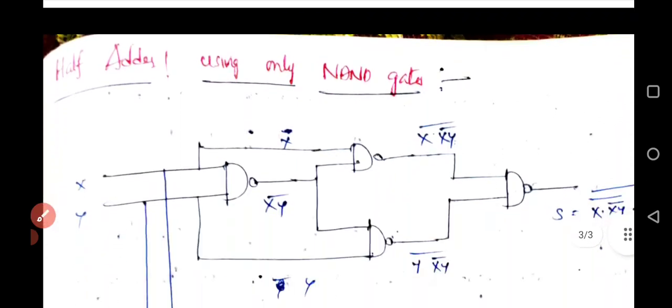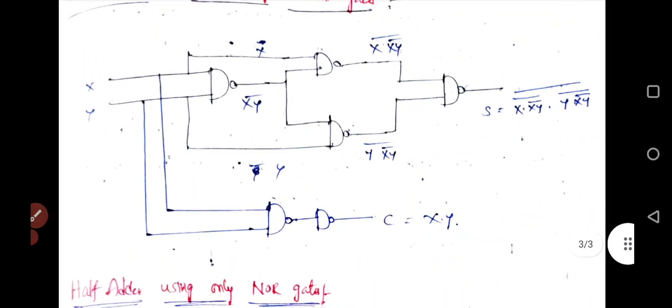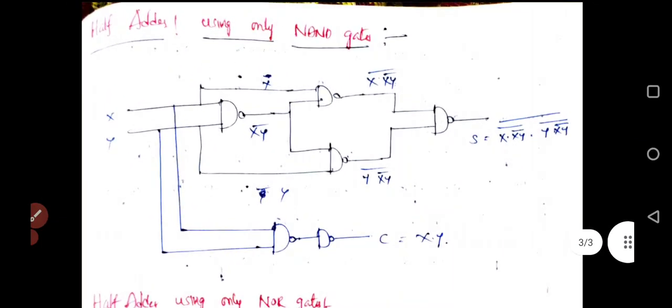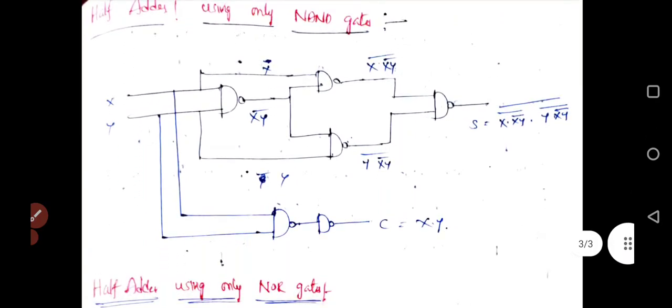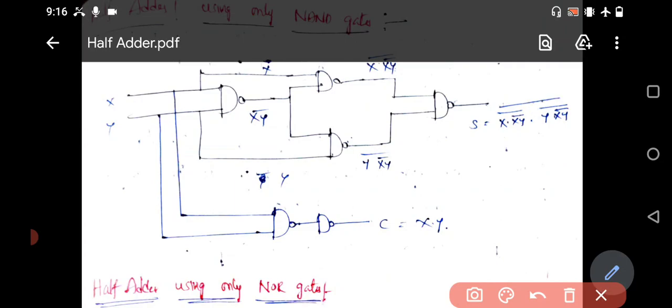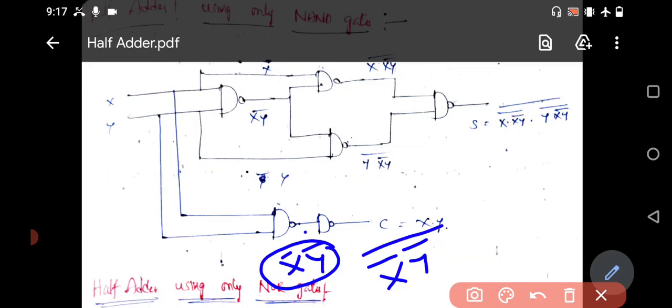This is a diagrammatic representation of how we are going to represent the half adder using only NAND gates. This is also one more way to represent the AND gate combination. The AND gate takes x comma y, and the inputs are given to the NAND gate, so we get x bar y bar whole bar.